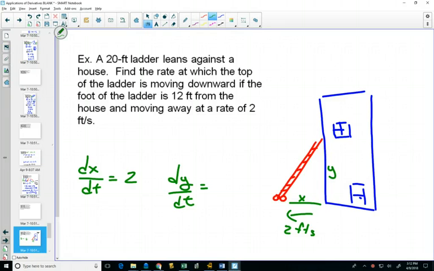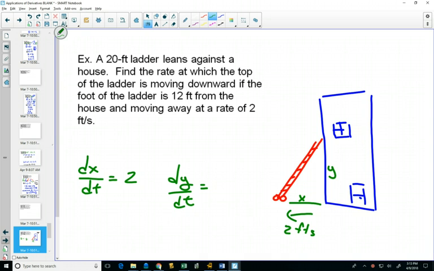Now the way that I've drawn this, can you see that your x value is getting larger? Yeah. So in that sense, my dx/dt being a positive 2 makes sense because it's getting larger. When we solve for dy/dt, since it's going down and y is getting smaller, we should get a negative value to show that it's decreasing.